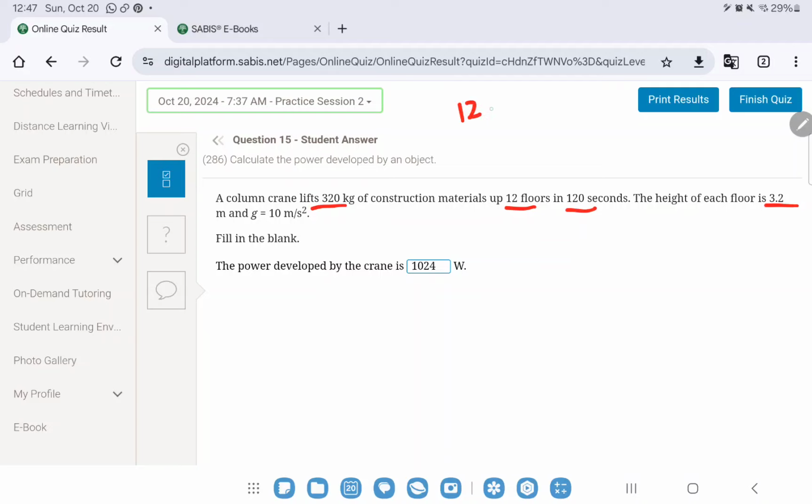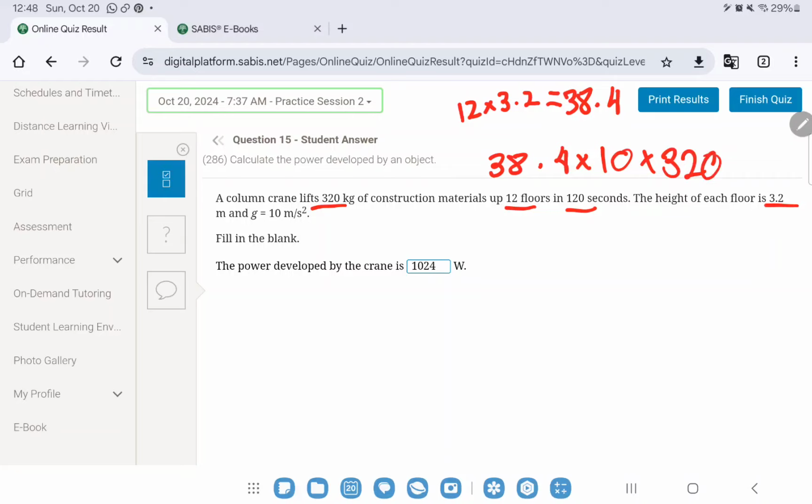So if there's 12 floors and each one is 3.2, you do 12 times 3.2, which is equal to 38.4. So you take your height, which is 38.4, times 10 times 320.